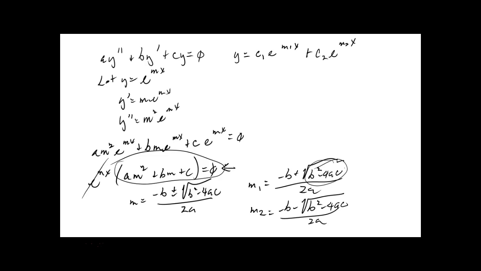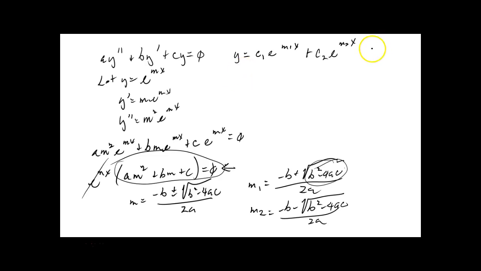Now, case 2 would be a repeated root. In other words, this thing is 0, so you only have one solution. They give a little bit of explanation for it.